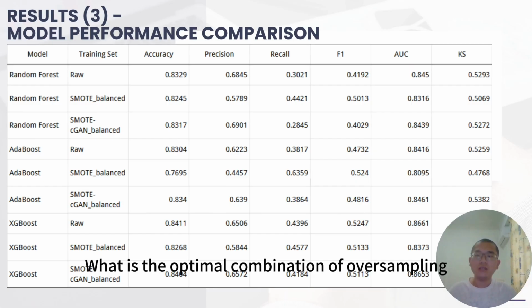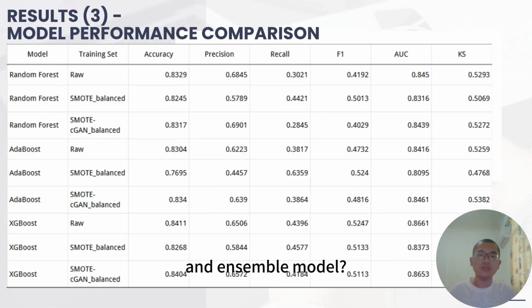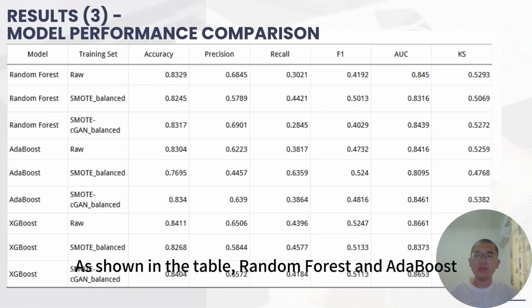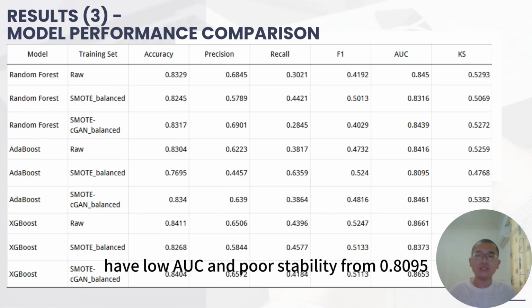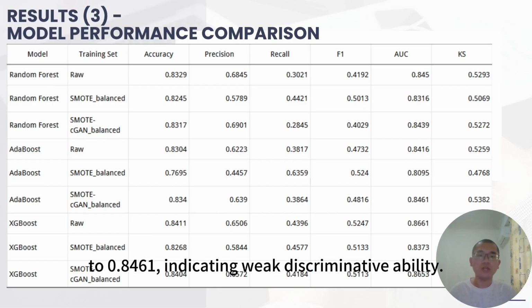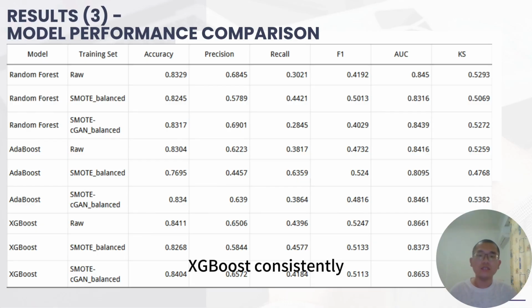What is the optimal combination of oversampling and ensemble model? As shown in the table, random forest and AdaBoost have low AUC and poor stability from 0.8095 to 0.8461, indicating weak discriminative ability. XGBoost consistently outperforms the other two models.